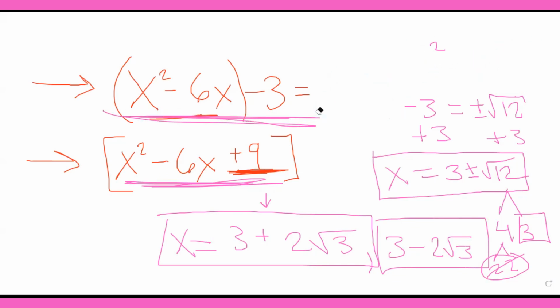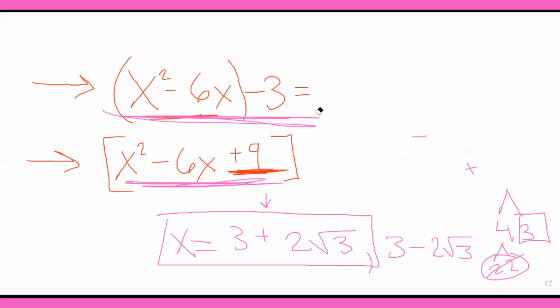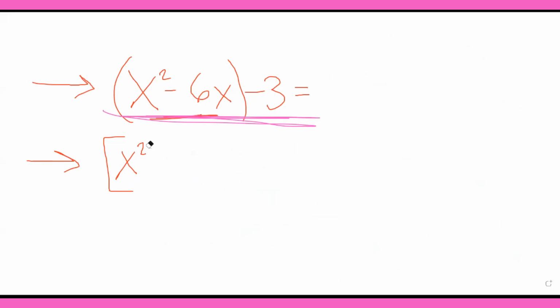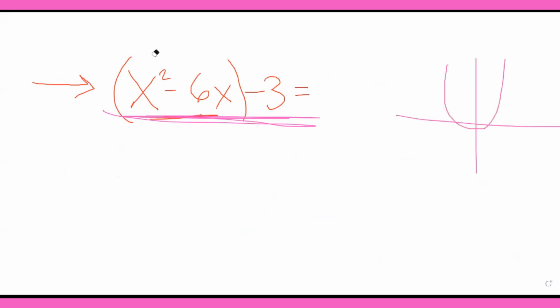Other times, we may be asked to just keep it in vertex format. So vertex format, if you remember, when we're talking about parabolas, we have a point that is the vertex. So somewhere here would be the vertex.